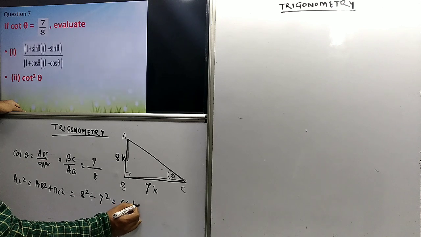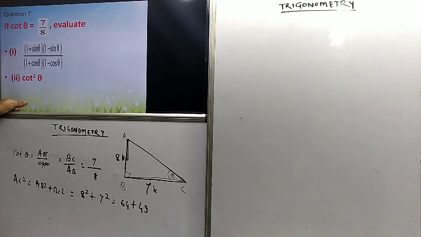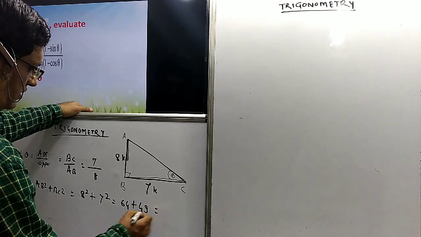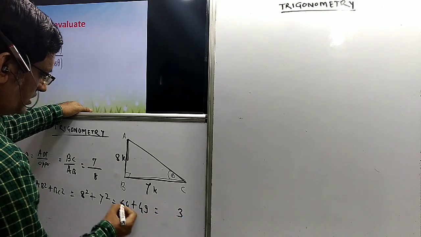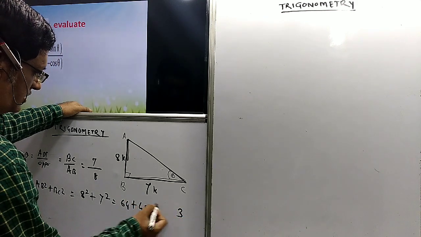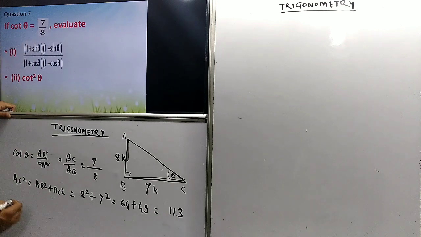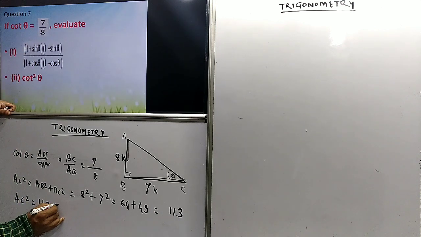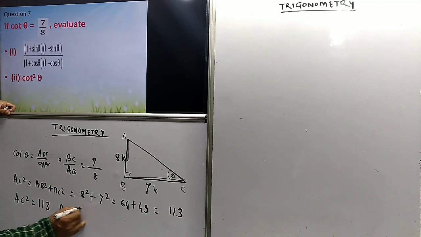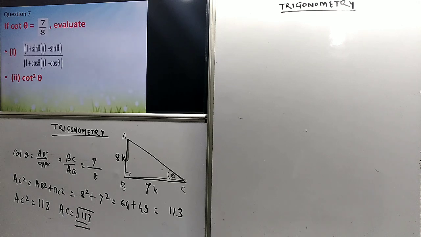So 64 plus 49, that is equal to 113. So AC square equals 113, which means AC equals square root of 113. Now using this we can find the sine and cos.